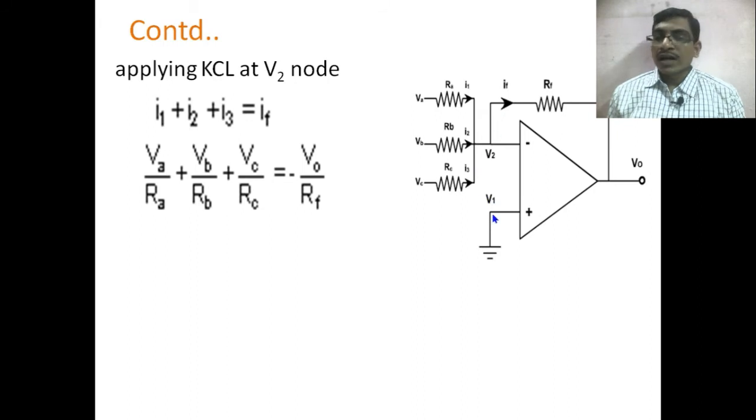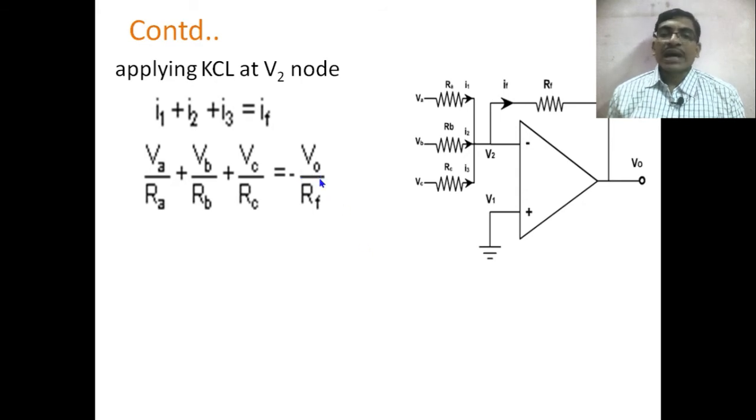According to the virtual ground concept, V1 is equal to V2 is equal to 0. Therefore, I1 can be written as VA minus V2 divided by RA. As V2 is equal to 0, VA by RA comes here. Like that we derived these currents I1, I2, I3 and IF.